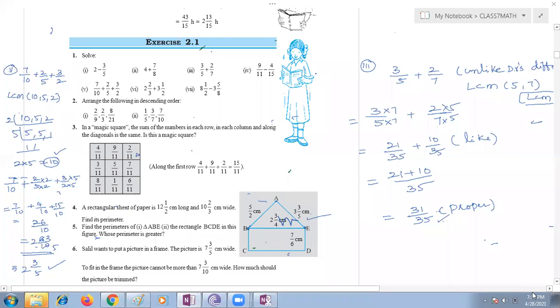Harini, your answer also, I think, is 26 by 10. It's 2 3 by 5, Harini. Ma'am, I wrote 2 3 by 10. I did the same thing, but then I got confused and landed up writing 2 3 by 10. Fifth is 2 3 by 5.